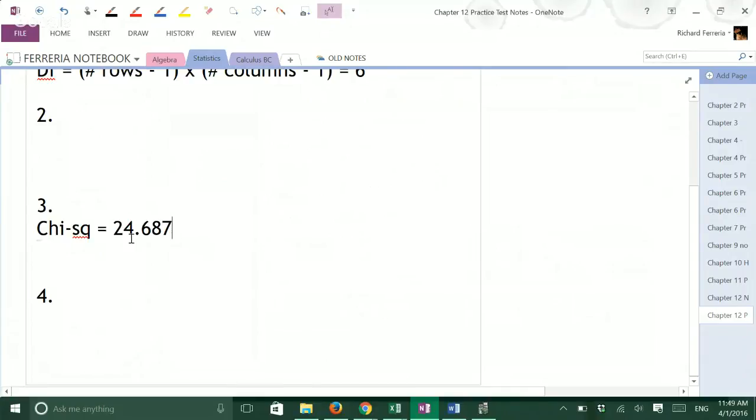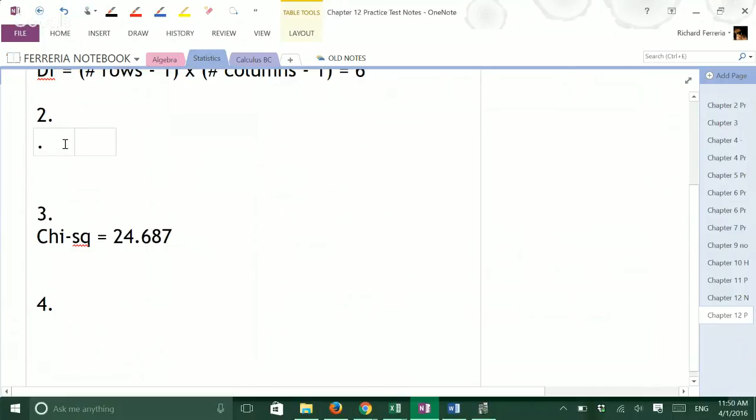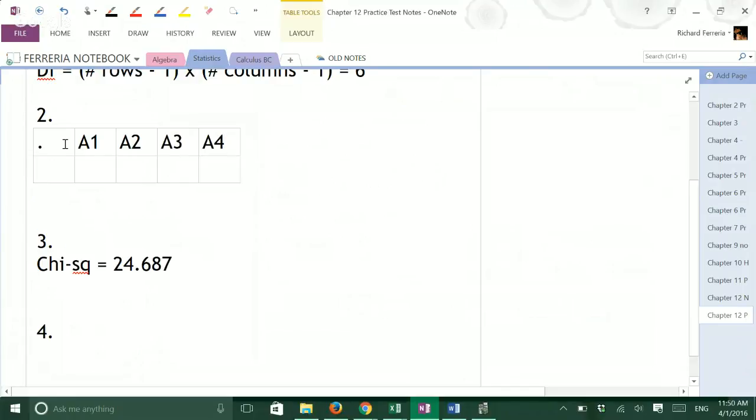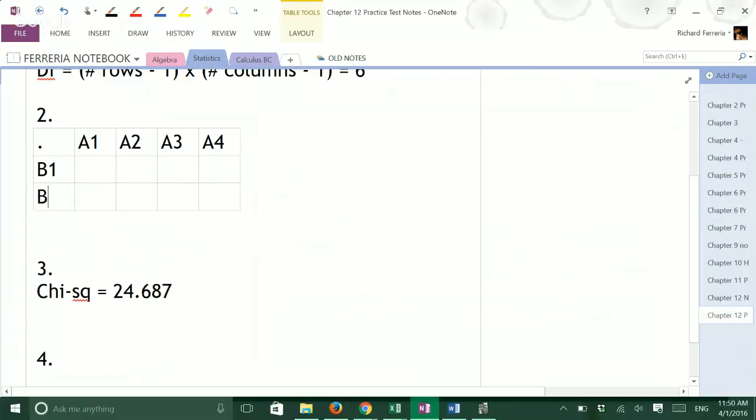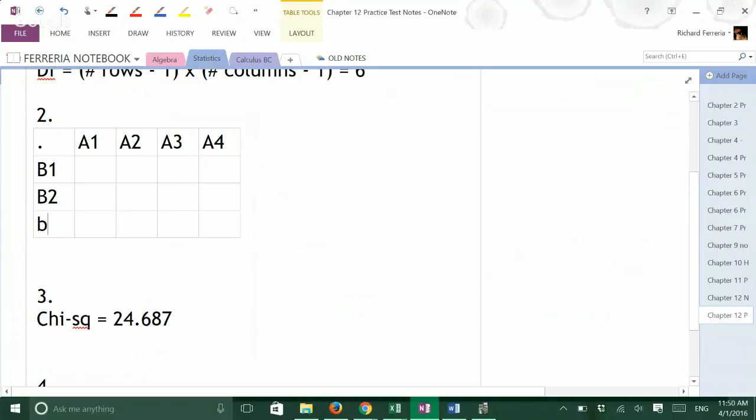Next one, create a table of expected values. Okay, so let's make a table here. We got A1, A2, A3, A4. Got B1, B2, and B3. I think for here, we're just going to do some modeling. So we'll do this 12, 13, 34, and 25.